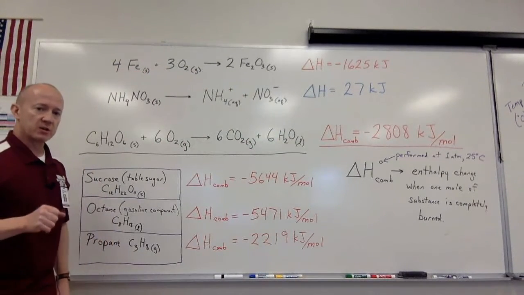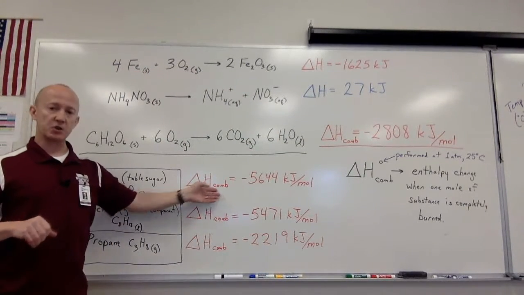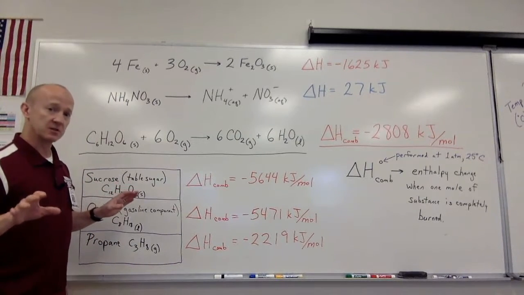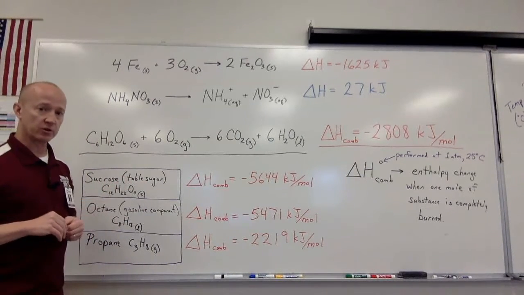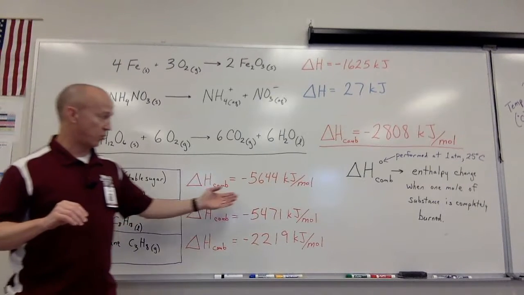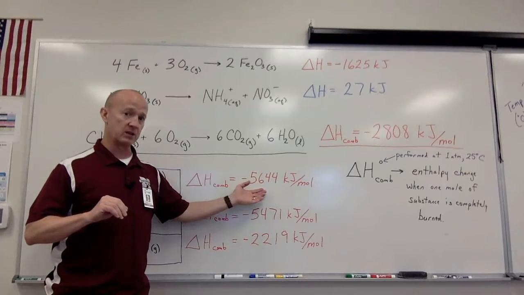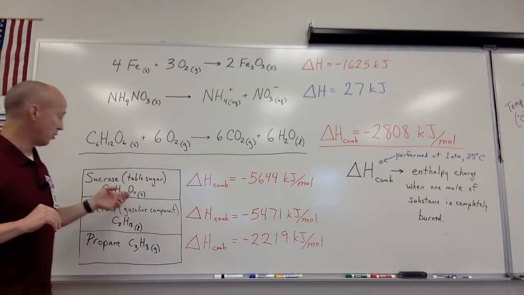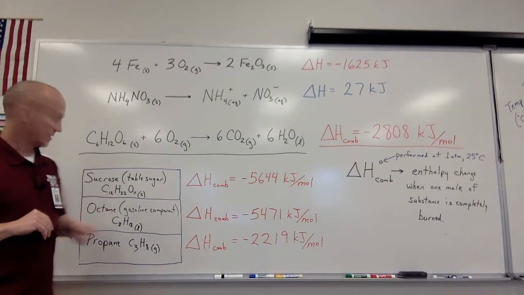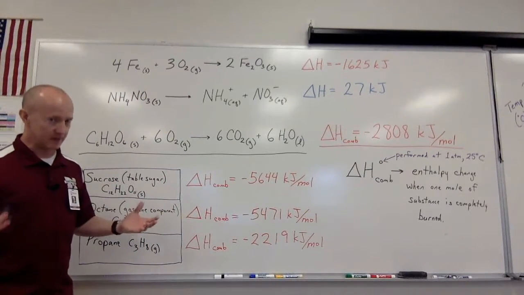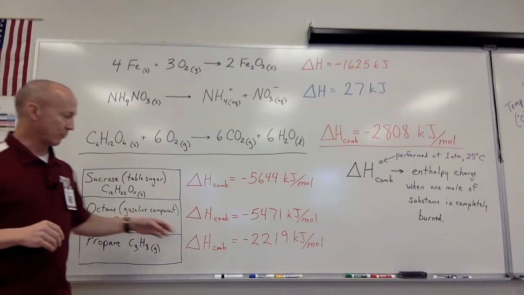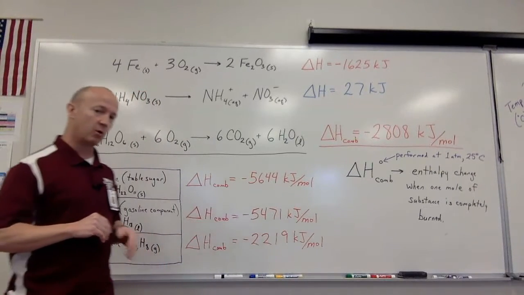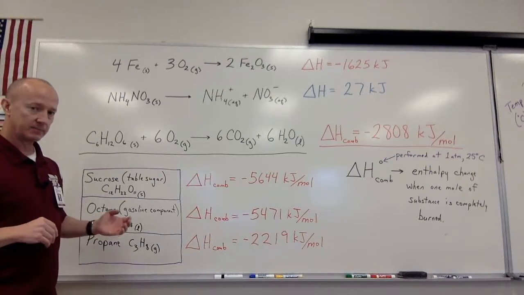I thought you might also want to see some heats of combustion or enthalpies of combustion for some other everyday substances. For one, table sugar. Wow, table sugar has quite a bit of heat energy that it releases. 5,644 kilojoules for every mole of table sugar. Octane, a component in gasoline. Octane releases 5,471 kilojoules for every mole of octane.